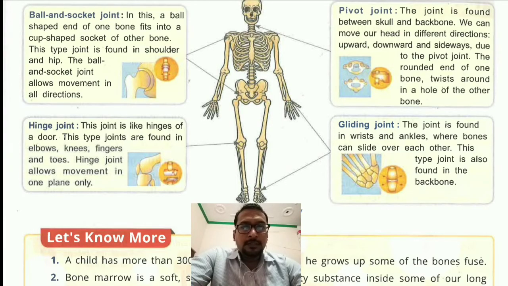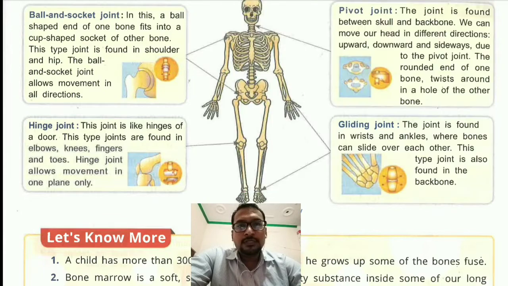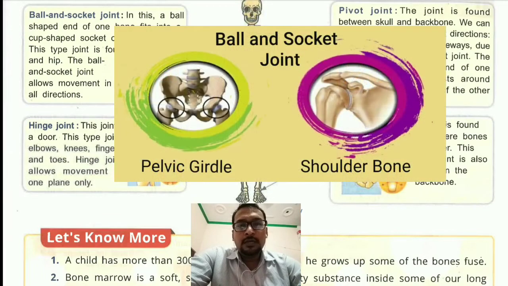In this you will see ball and socket joint, where a ball shaped end of one bone fits into a cup shaped socket of other bone. This type of joint is found in shoulder and hip. The ball and socket joint allows movement in all directions.